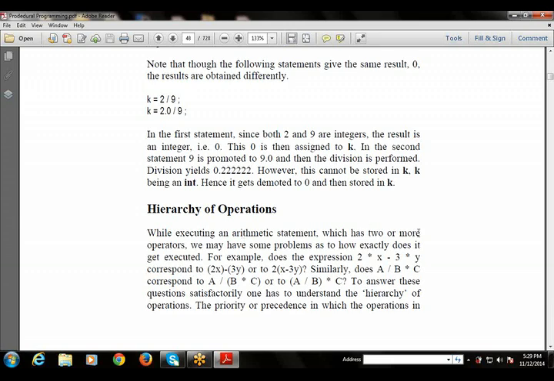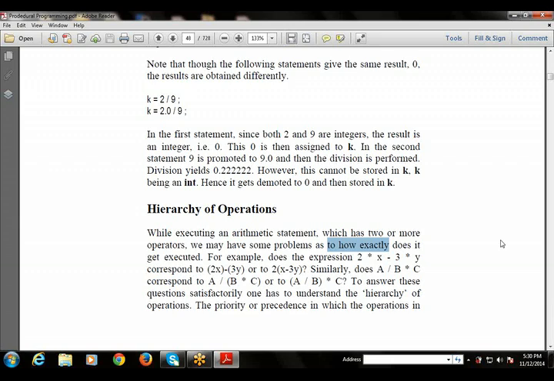While we execute an arithmetic statement which has two or more operators, you may have some problems as to how exactly it gets executed. That is a problem. For example, does the expression 2 * x - 3 * y correspond to (2x) - (3y)?